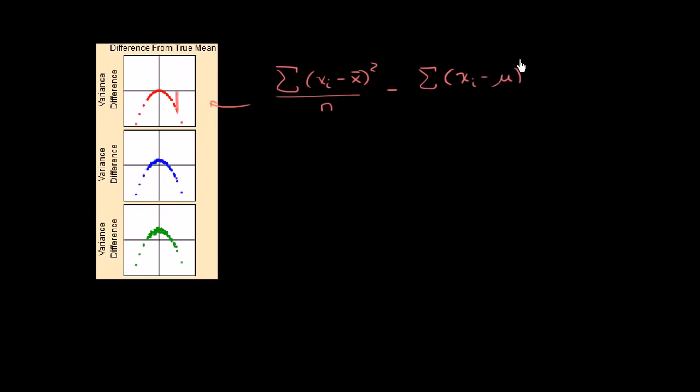This isn't something that you see a lot in statistics, but it's a gauge of how much we are underestimating our sample variance, given that we don't have the true population mean at our disposal.